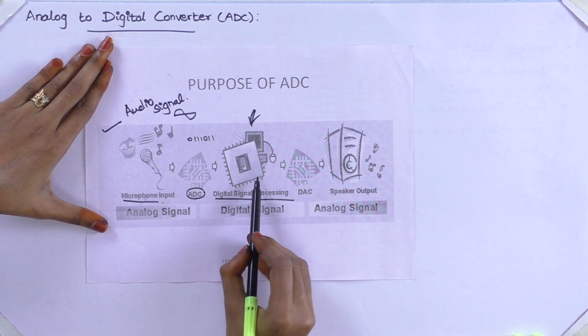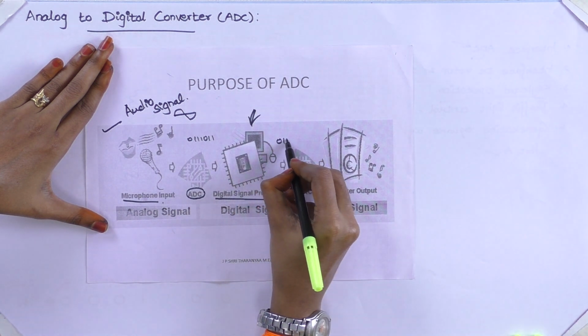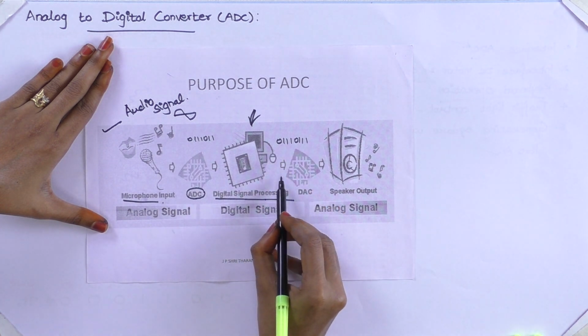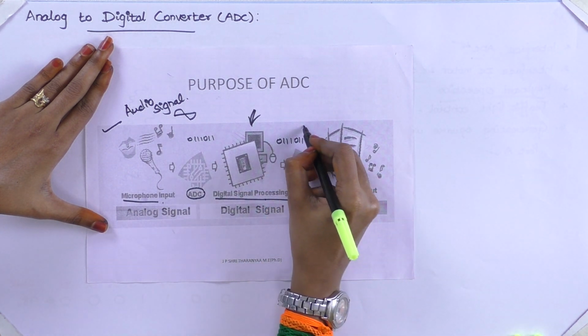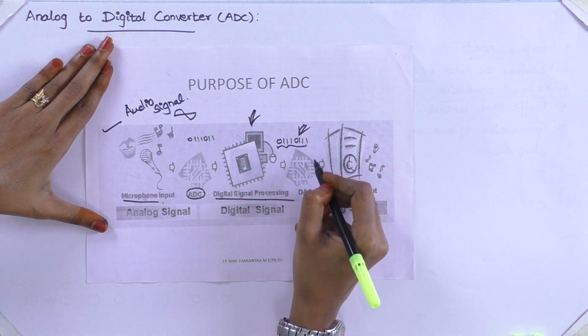The processor then processes it and gives the output as digital data only. But in the real world you can't take the digital data as such. We can't understand the details of this data.